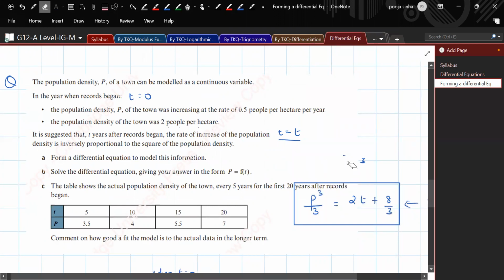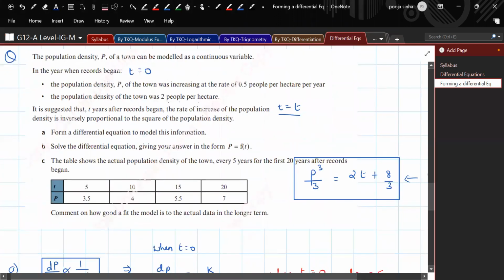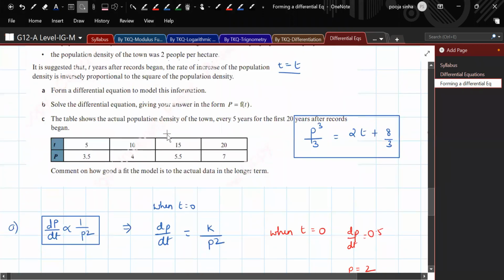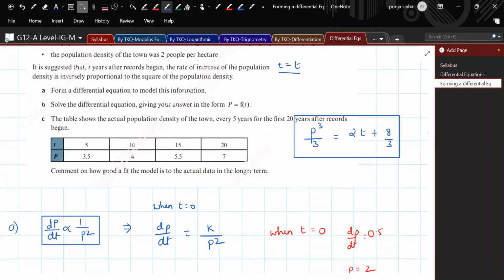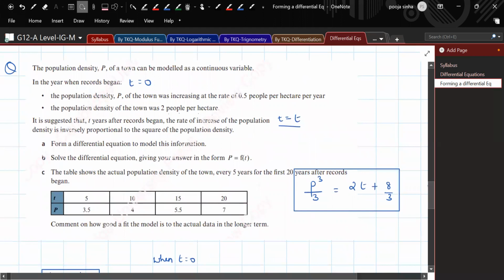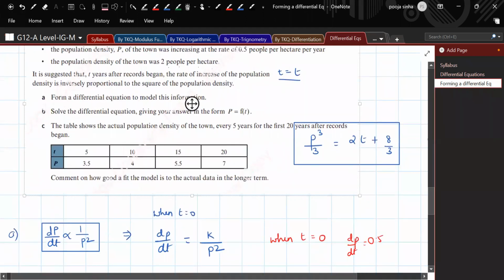Now, it's asking you whether this particular solution, this model made using this formula, is it a good model, is it a good fit?